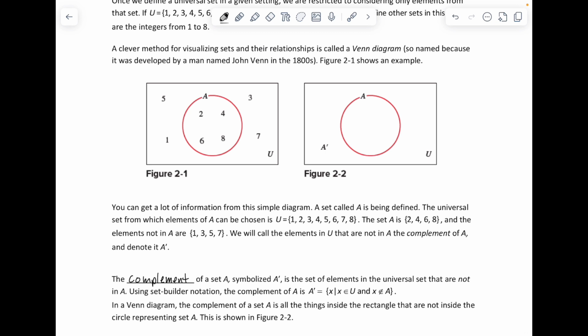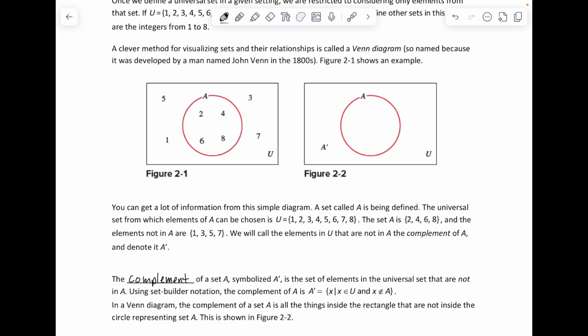Using set builder notation, the complement of A is A prime, and we could say that A prime is equal to all x, the vertical line means such that, so all x such that x is an element or a member of the universal set, and x is not a member or element of set A, right?